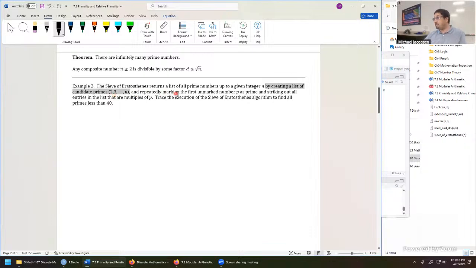It repeatedly marks the first unmarked number as prime, which is definitely prime, and strikes out all entries in the list that are multiples of that number. In other words, you start with 2, and any number in that list, mod 2, that comes out as 0 is a multiple, and it gets struck out. So that's the sieve of Eratosthenes.